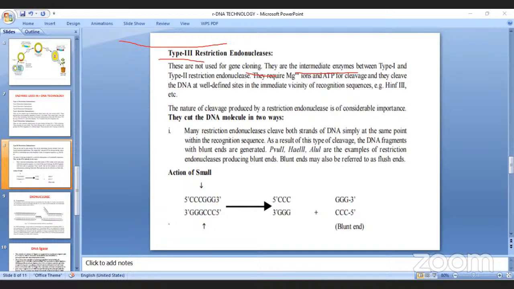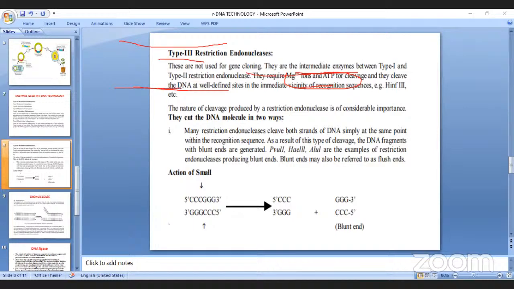And I told you type 2 does not require ATP. They cleave the DNA at a well-defined site in the immediate vicinity of the recognition sequence. That means here also, like type 2, a recognition sequence is present. After the recognition sequence, with the help of ATP, type 3 cleaves the DNA.